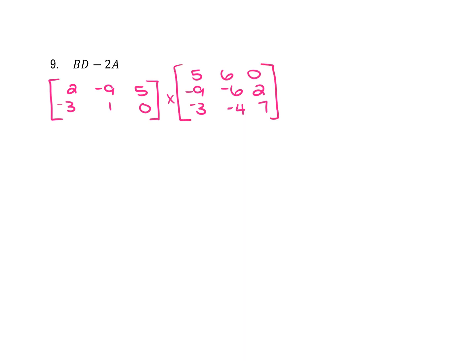Once we do that, we are then going to subtract 2 times A, which is 6, 4, -2, -8, 7, 4.